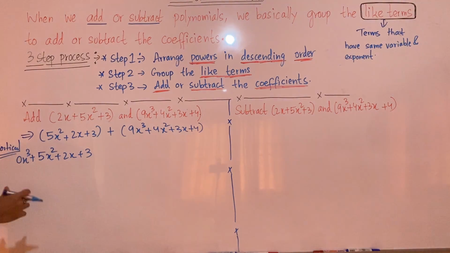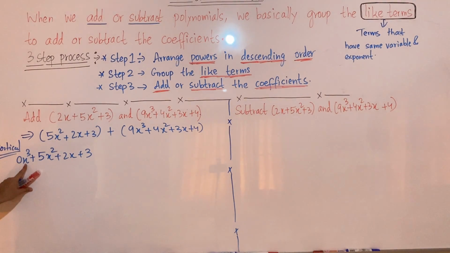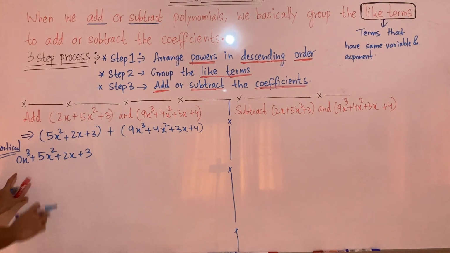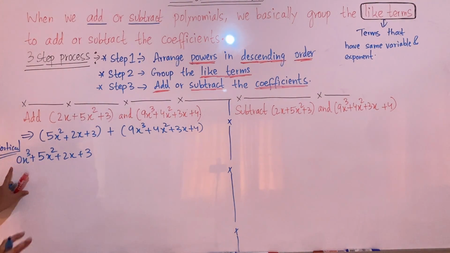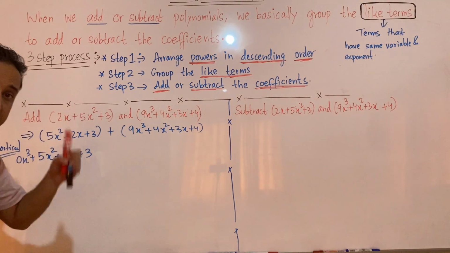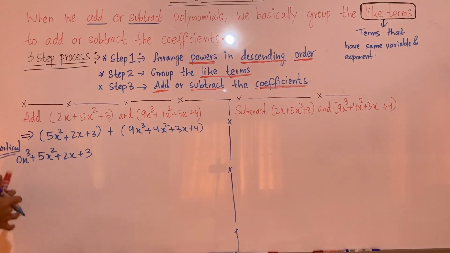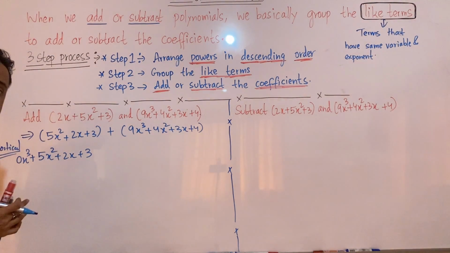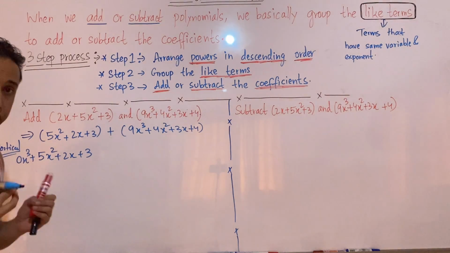What I did, I just introduced the variable with exponent 3, but I put the coefficient 0, means the whole term is 0, so that it gets easier for me to deal with the like terms when I perform addition or subtraction.